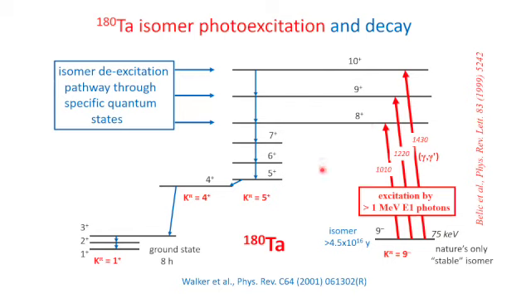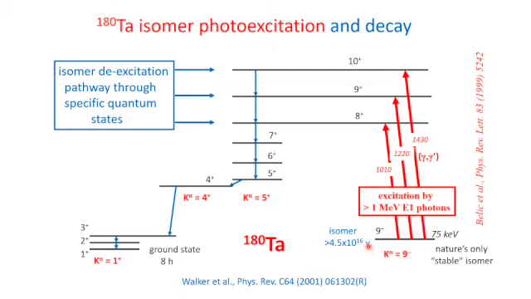And this shows an example, perhaps the best example, of de-exciting an isomer with externally applied radiation. In this case, it's the tantalum-180 isomer, which is the longest-lived, only quasi-stable isomer.